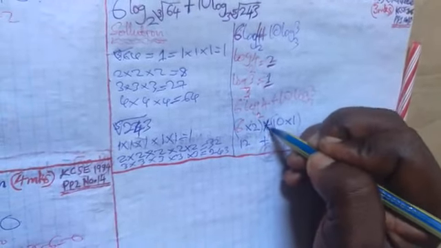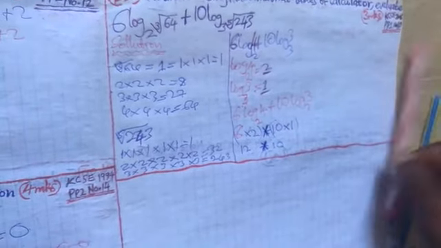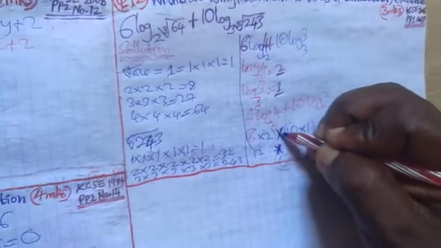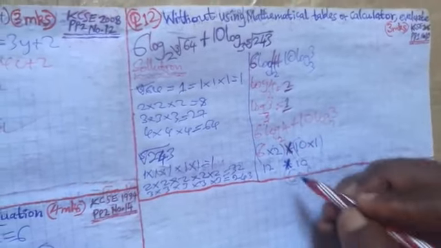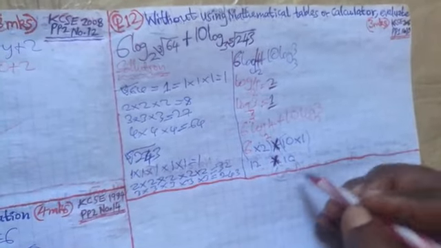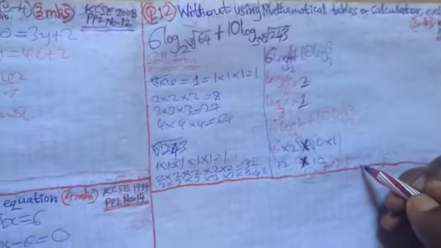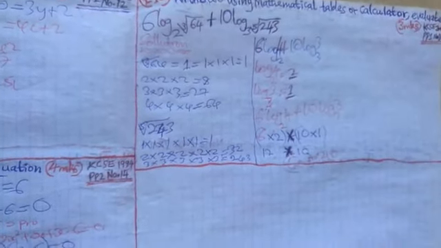So this is multiplication. 12 times 10 is 120, and this is the answer.